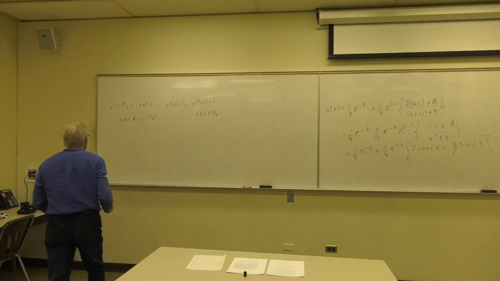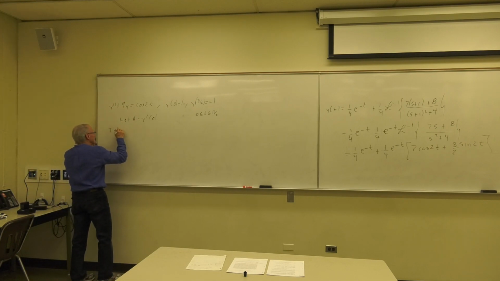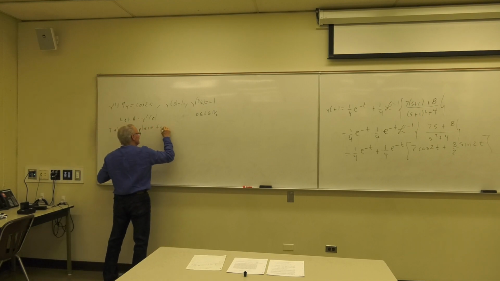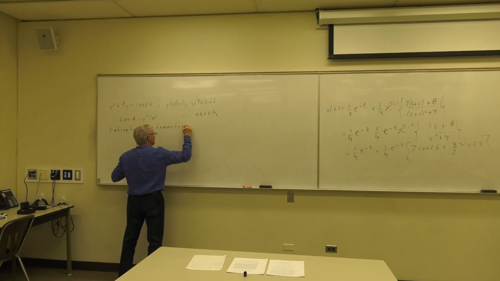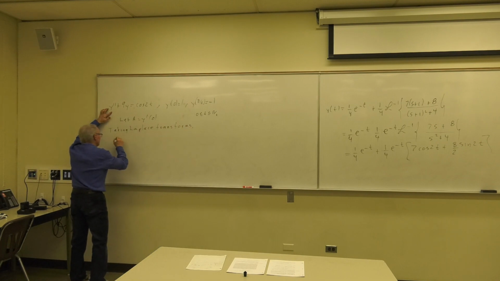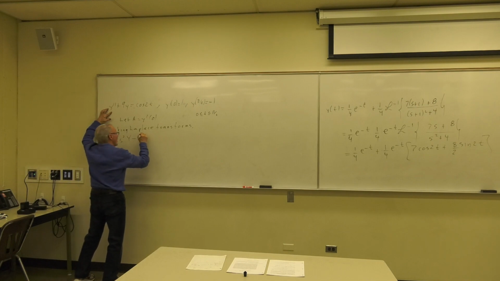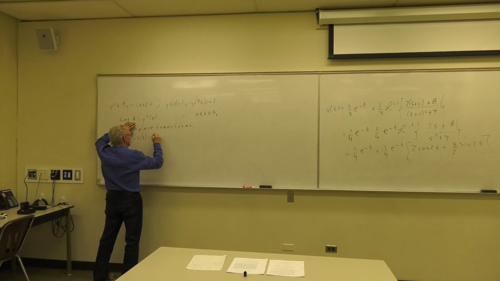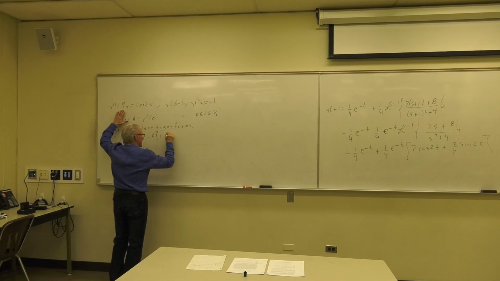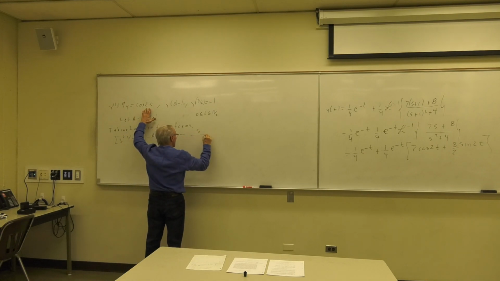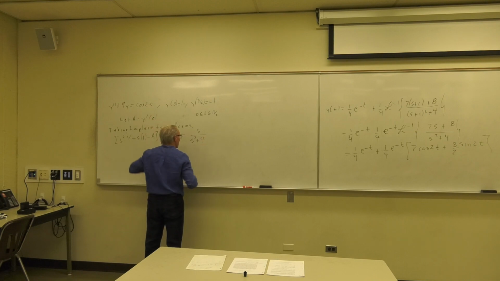So proceeding then, taking Laplace transforms. For the second derivative here, s squared big Y, minus s times the value of the function at 0, 1, minus the first derivative at 0, a, plus 9 big Y equals plus a cos s over s squared plus 4.